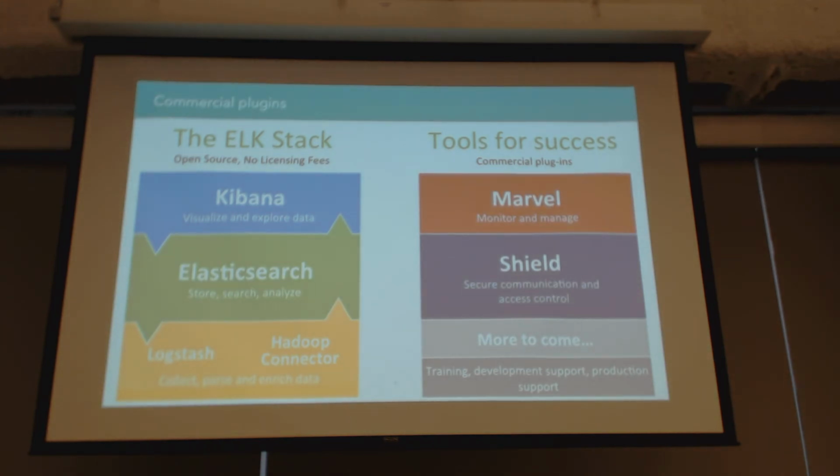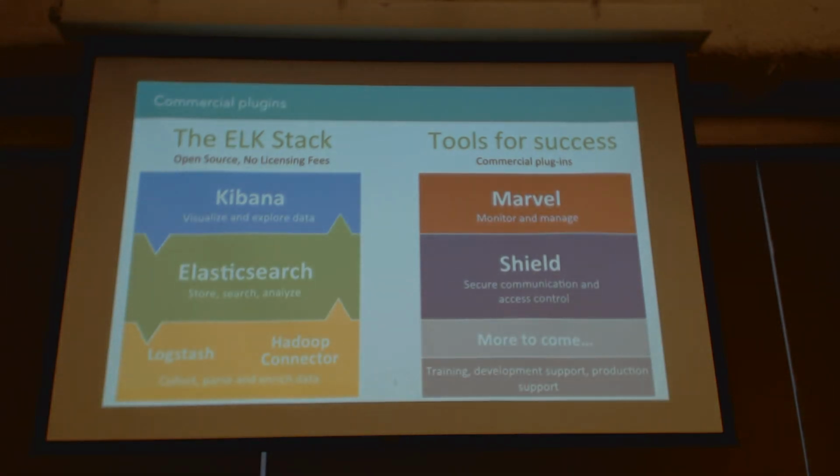And then Shield, like I explained, gives you a way to secure your cluster. Shield, by the way, integrates with LDAP and Active Directory, and so you can authenticate users against those repositories, but it also has its own user database that you can use if you have the need for it. And it also allows you to secure inter-node communication over SSL. So it hardens your deployment in various ways.